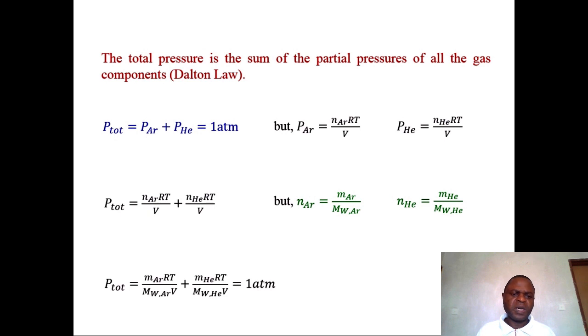So we substitute the number of moles of argon and helium into our equation, and we get the total pressure is equal to this expression: mass of argon RT over molecular weight of argon times volume, plus mass of helium RT over molecular weight of helium times volume. It should give us 1 atmosphere.